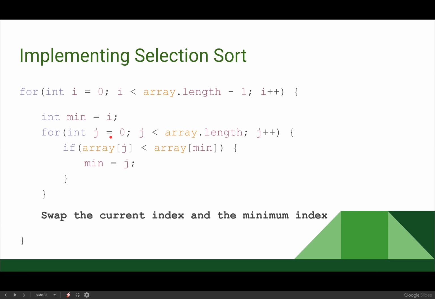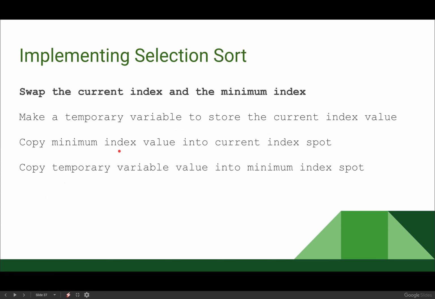Then after we've found the minimum index, we have our current, we have the place we want to swap with, I and min, then we need to actually do that swap. In order to perform a swap in Java, we've done this before, we need to make a temporary variable to store the value of one.